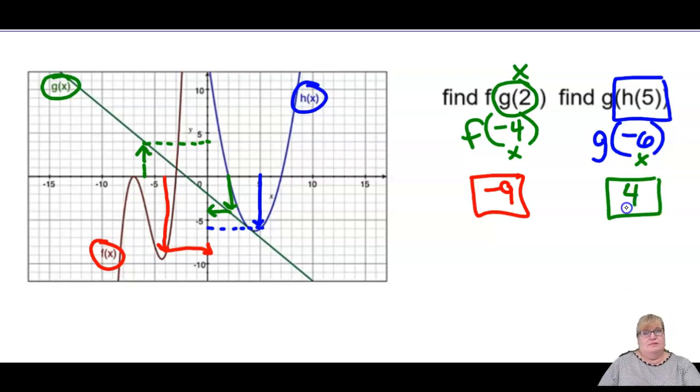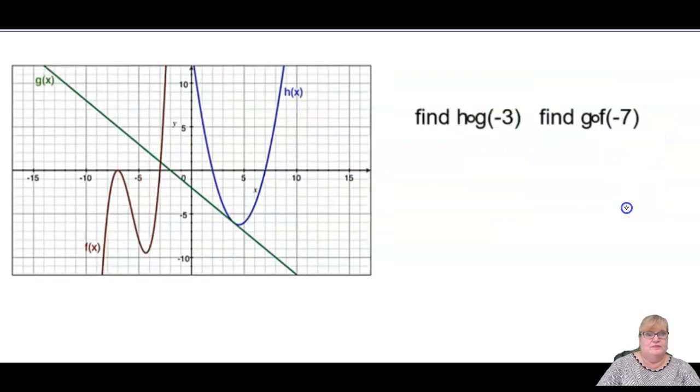All right, think about that. Try these 2 more. Maybe pause the video and try these before you listen to me explain it, because I don't think you get a lot out of watching me on these. g of -3, we're on the green one.